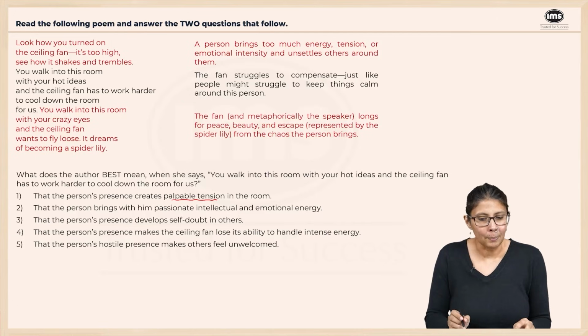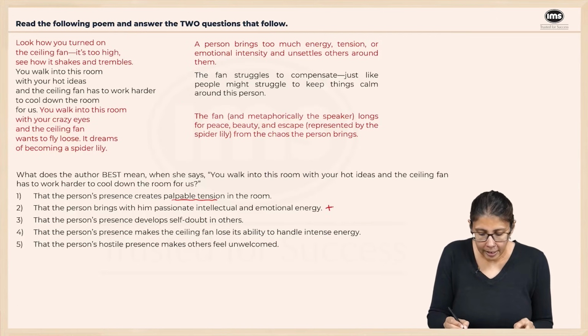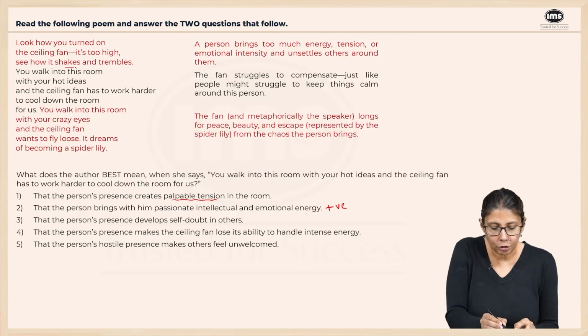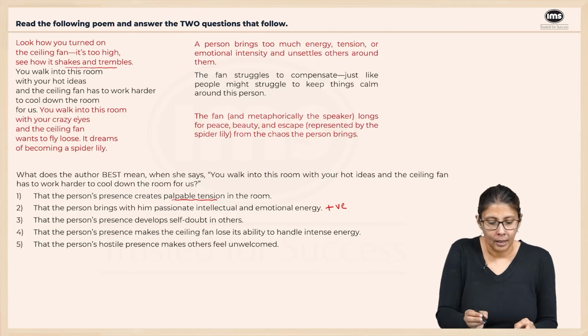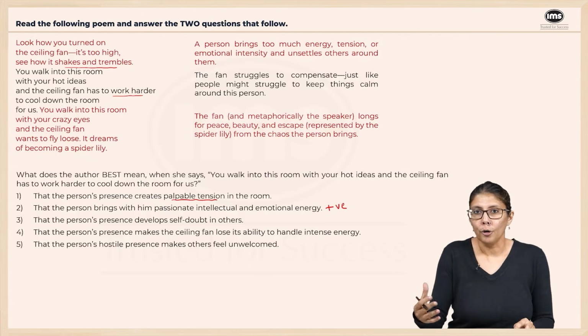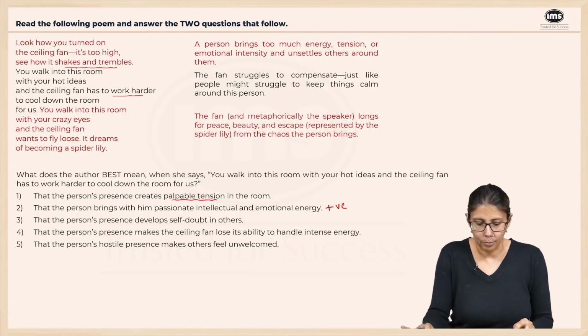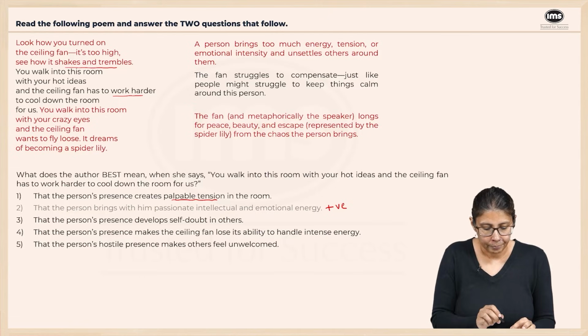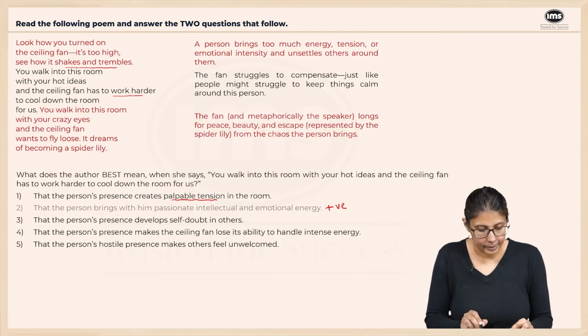This seems to be a pretty positive option. And the author definitely is not saying anything positive, because when you talk about shaking and trembling and the ceiling fan has to work harder, then this person is not bringing any positivity into the room. So I would eliminate the second option. That the person's presence develops self-doubt in others.